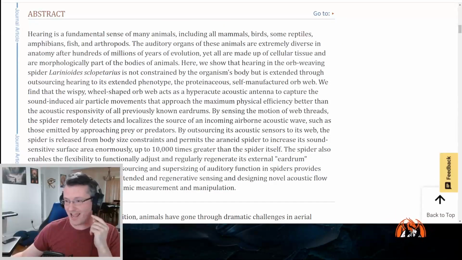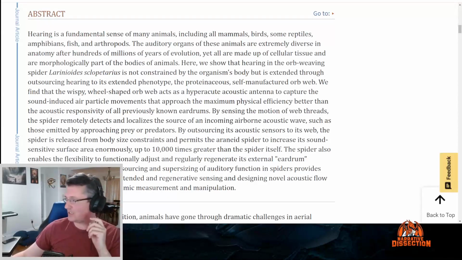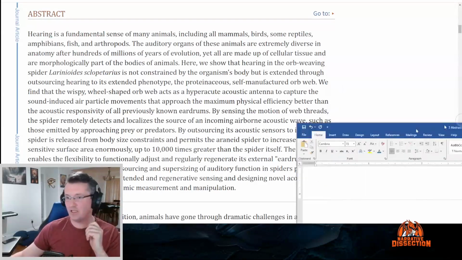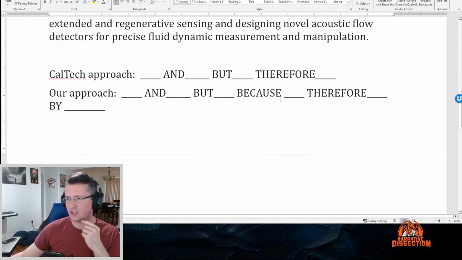Did you figure it out? This was a super, super tough one. And I think the reason I was able to do it and the lady at Caltech wasn't is because she didn't have quite the level of detail that we developed by doing this kind of narrative dissection thousands of times over the past few years.